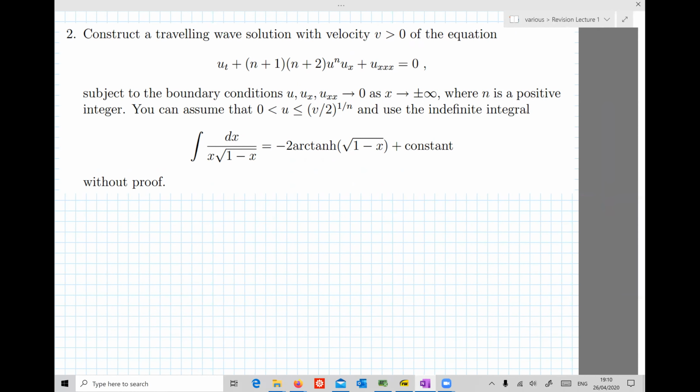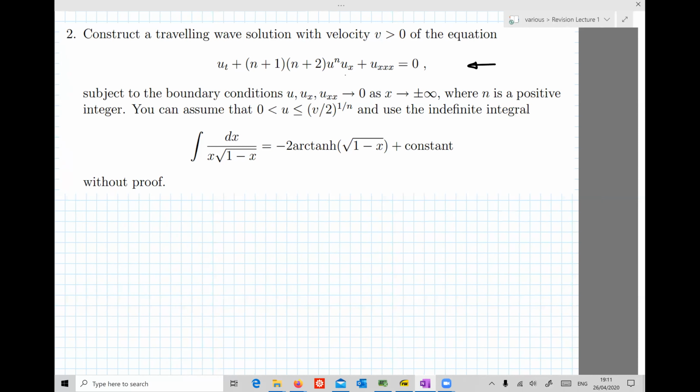So now we move on to exercise 2, which is about traveling wave solutions. And we have here an equation which seems to be a generalization of the KdV equation, where the nonlinear term goes like u to the n u_x, where n is a positive integer.